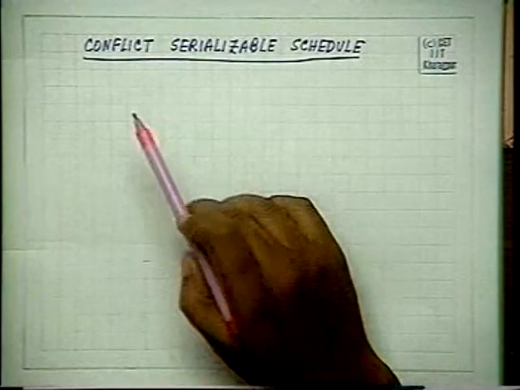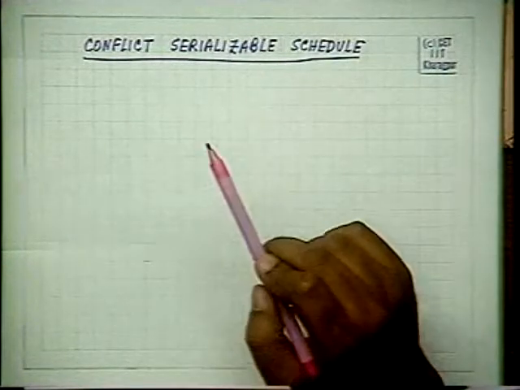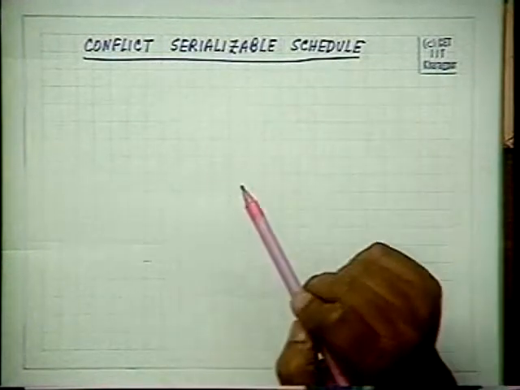So, we must also take that into account. The first mechanism for doing that is called the conflict serializability condition. One algorithm for detecting whether concurrent schedules are serializable is a method called conflict serializability.